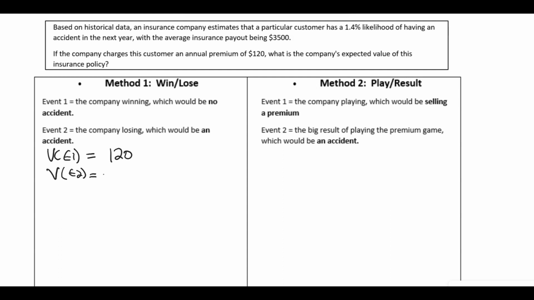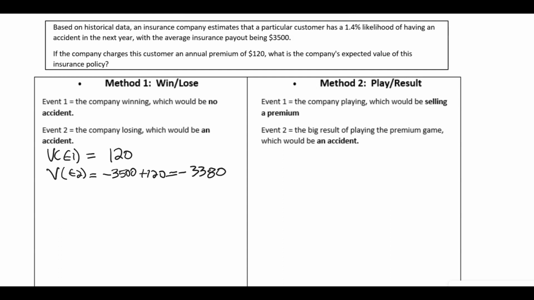So it is minus 3,500 plus the 120 that they can use to offset, giving us negative 3,380. That's the value to the company if there's an accident. Average value, because this is the average insurance payout.